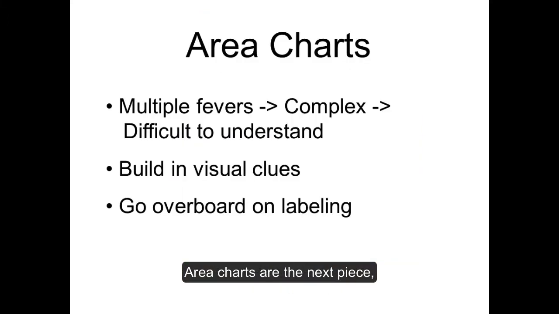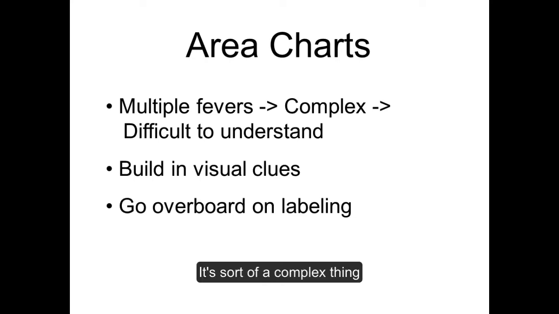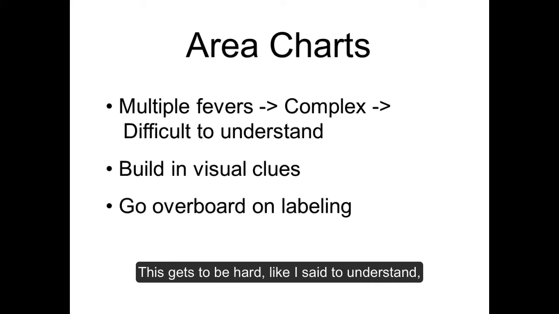Area charts are the next piece, and these really are a mix, kind of a multiple fever. It's a complex thing that's very difficult to understand for most. So they're presenting multiple fever lines all at the same time, each using each other as a 0 point. This gets to be hard to understand, and so you maybe need to build in some sort of visual clues to explain to readers.